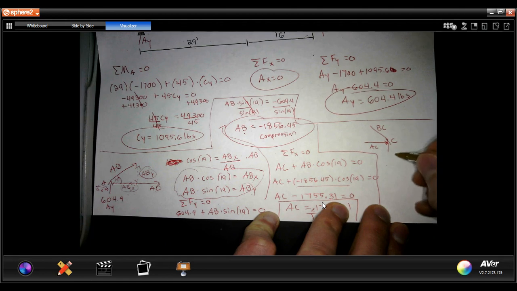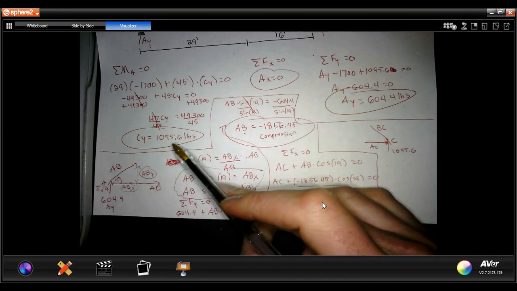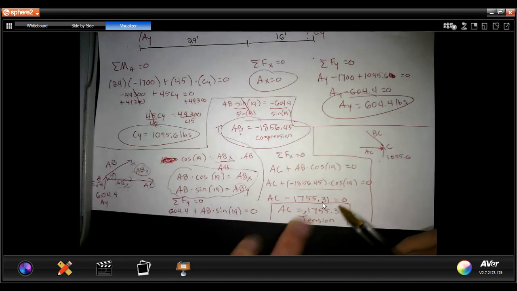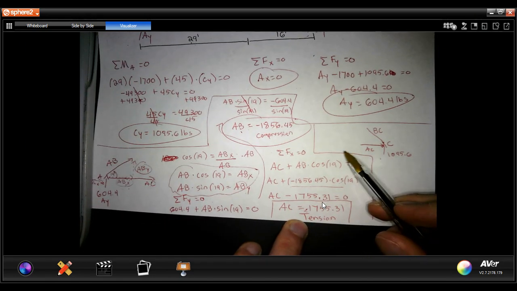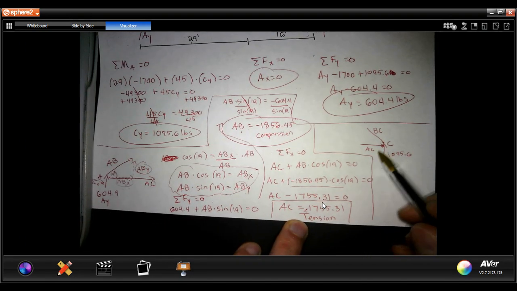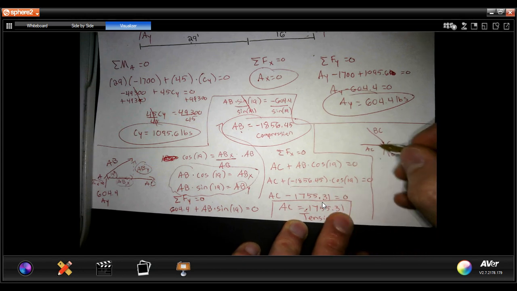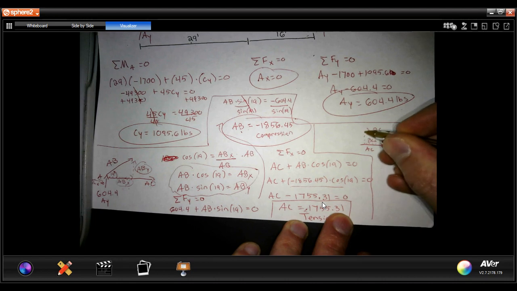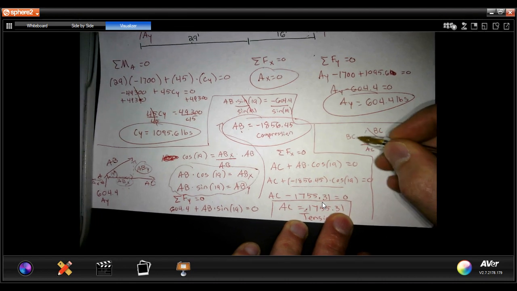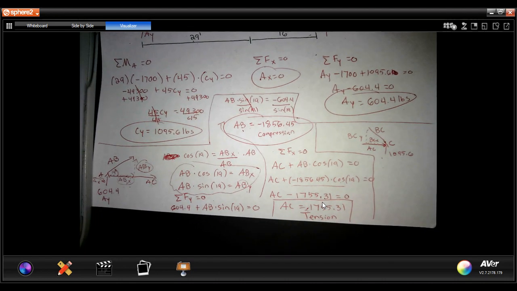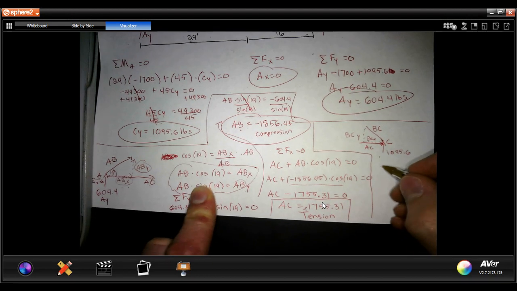CY was 1,095.6, right? That was from the very beginning, CY. AC, we just found it to be in tension, so it's going in the positive X direction towards C. And then BC has component forces, BCX and BCY. And they're the same exact equations we found over here.